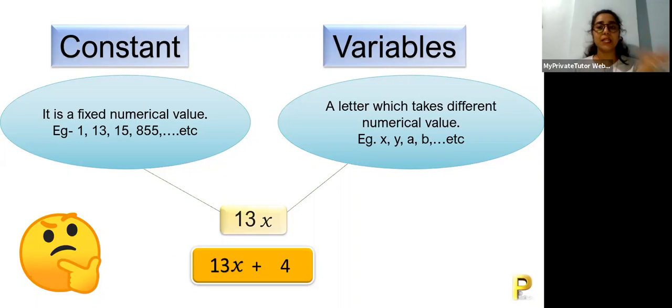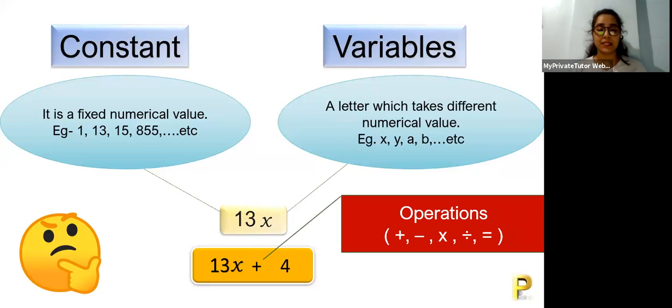Constant and variable together are called terms, but in any polynomial, if we have a number like a constant alone, that is also considered to be a term. And the plus sign, minus sign, multiplication sign, division sign, equal to sign, all these signs are called operations.